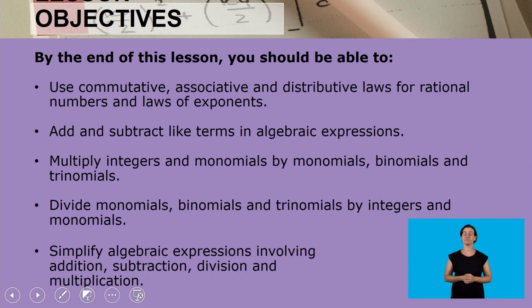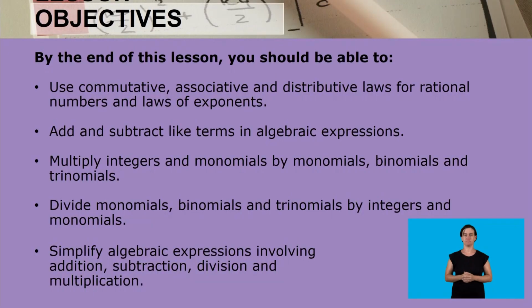Now we're going to start off with the things that you should be able to do by the end of this lesson. You should be able to use commutative, associative, and distributive laws for rational numbers and laws of exponents. You should be able to add and subtract like terms in algebraic expressions, multiply integers and monomials by monomials, binomials, and trinomials.